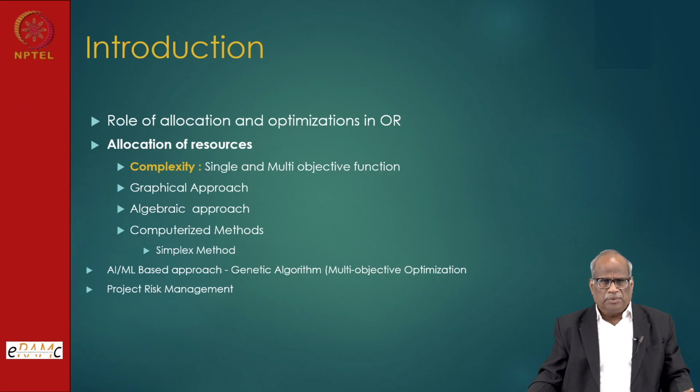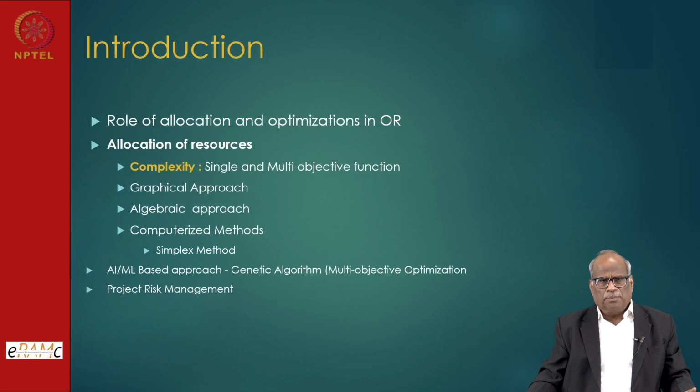Complexity, single and multiple objective function. At present we will remain in the realm of optimizing the objective function in terms of profit. The same study can be extended to minimization of resources also, but it is well appreciated when we talk at the profit level, because this language is understood by everyone.